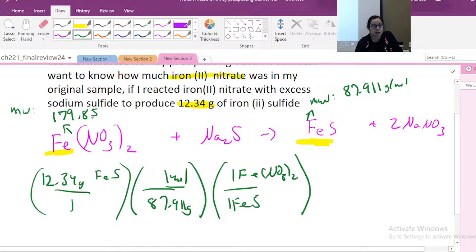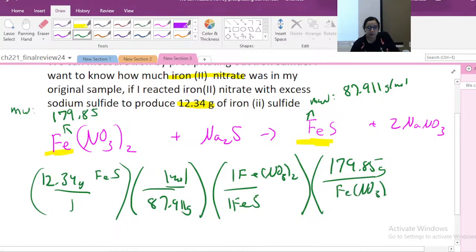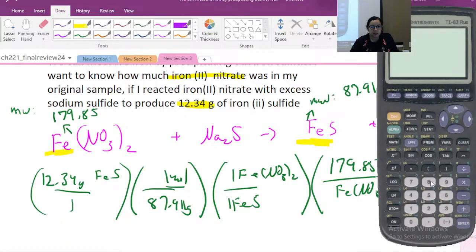I can at least trace back what happened. And so then we'll plug that in. So grams per mole. And so now let's just punch everything in. I'll go through it step by step.